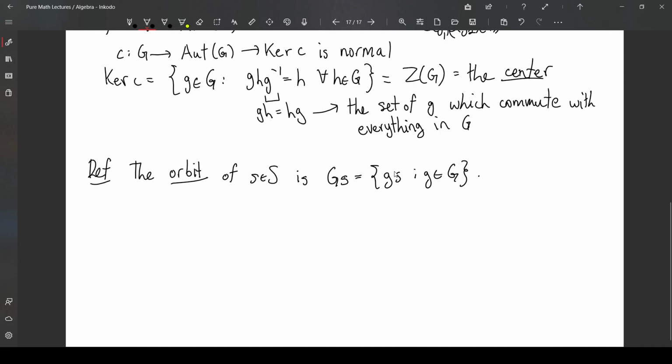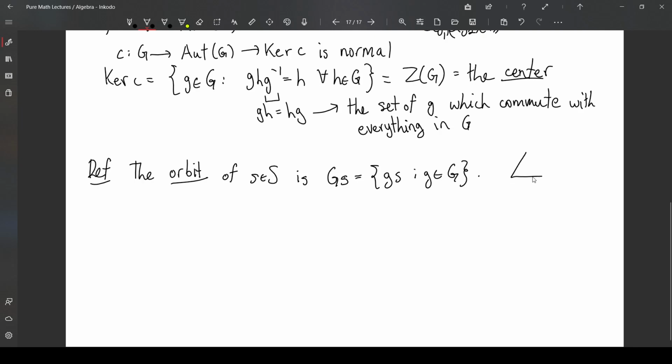For instance, obviously the identity element is going to map s to s, right? And then we can consider, if there is some permutation of S that we can achieve by our group action that fixes s, then that will also map s to s, right?